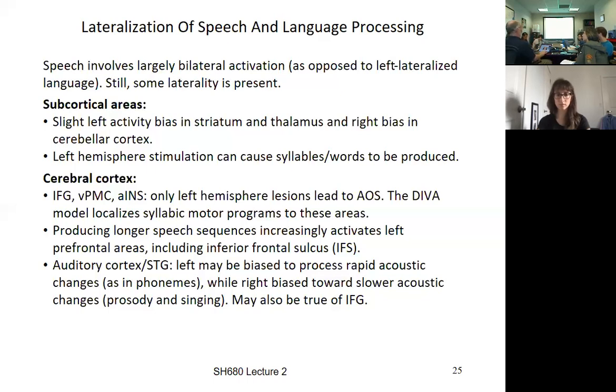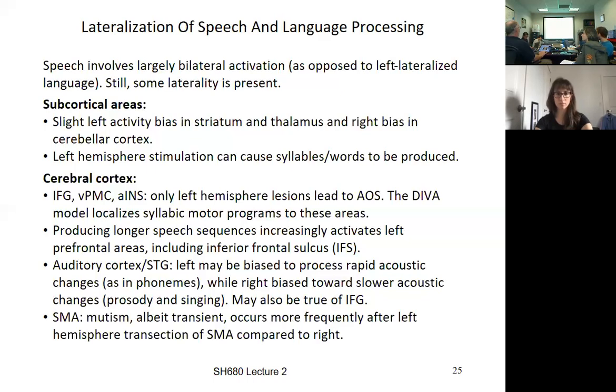How much more is it lateralized in one or the other, but there does seem to be something to that, where, to some degree, the left hemisphere of auditory cortex appears to be more involved in rapidly changing stimuli, and the right in slowly changing stimuli. And the final example of lateralization we mentioned was mutism in the SMA.